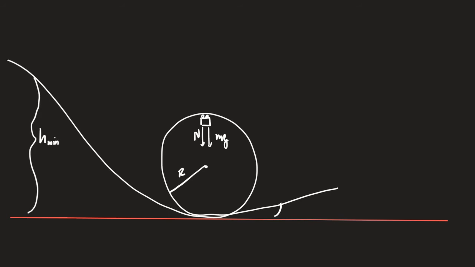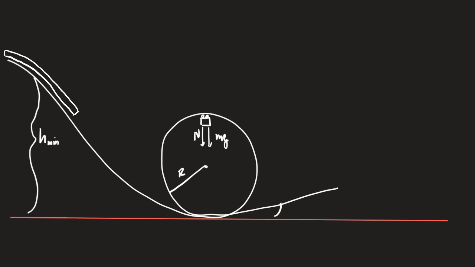But that's not the case at all. What I mean is our roller coaster is a train of cars. Right? 8, 10, 12 ride vehicles all connected together.